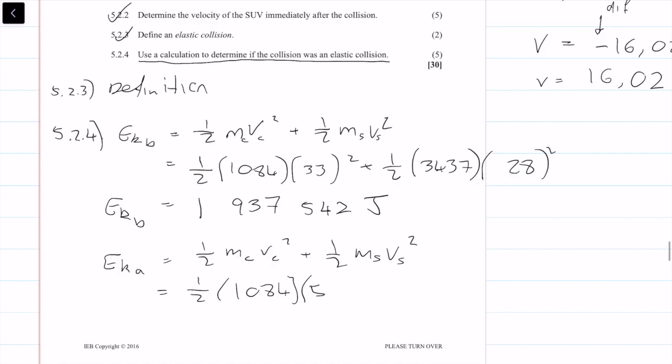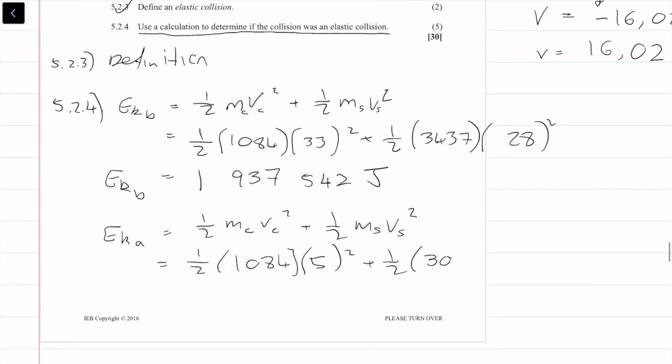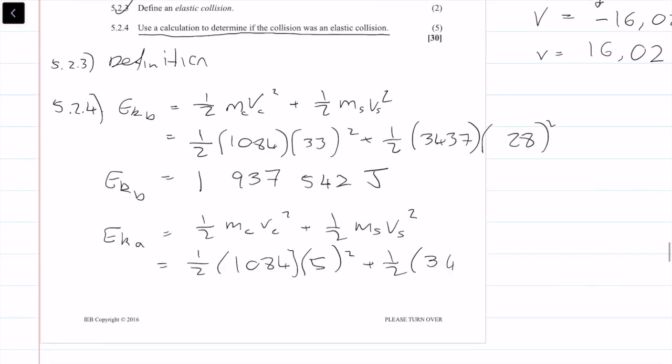Plus 1/2 times the mass, which was 3437, and the velocity, which we calculated as 16.02 squared. Okay, so EK after is equal to 454,587 joules once again.